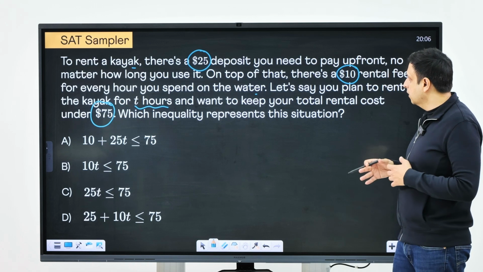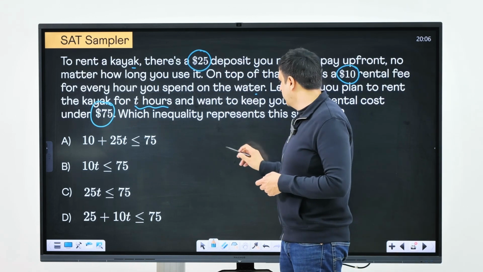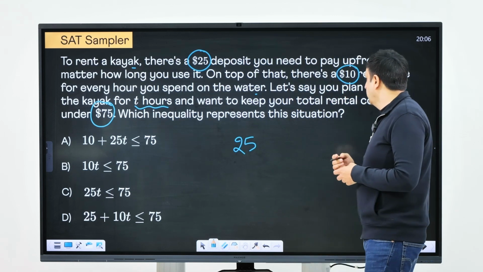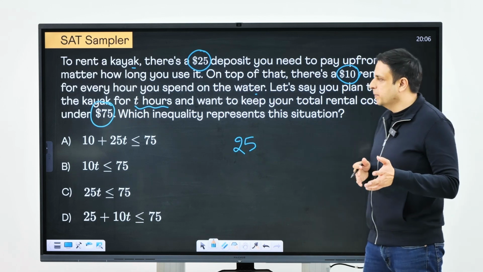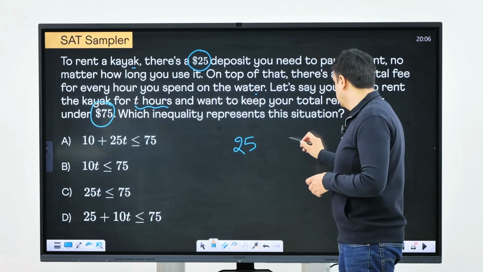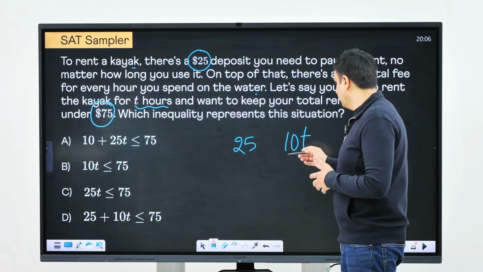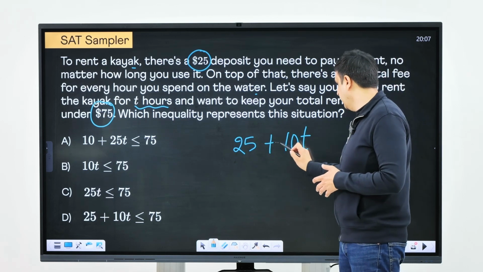So your total rental cost will be a sum of the deposit, which is $25, which you have to pay no matter how much time you spend on the water, and then for every hour there's a $10 rental fee. So if you spend T hours on the water, the rental fee will be 10T, and therefore the total rental cost will be a sum of 25 and 10T.